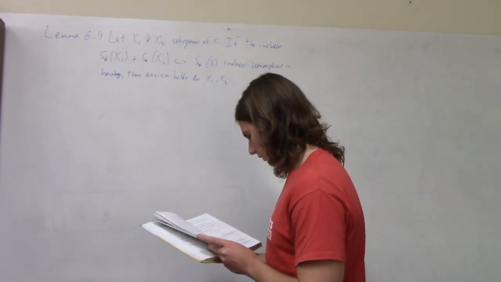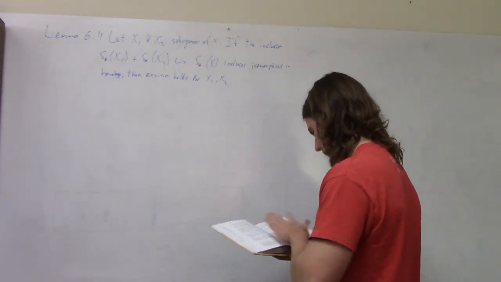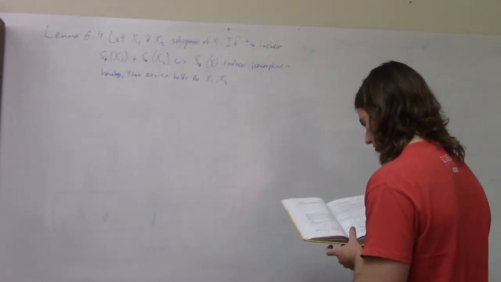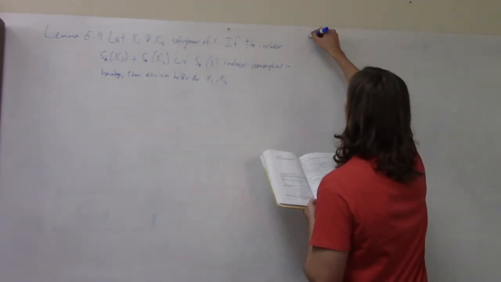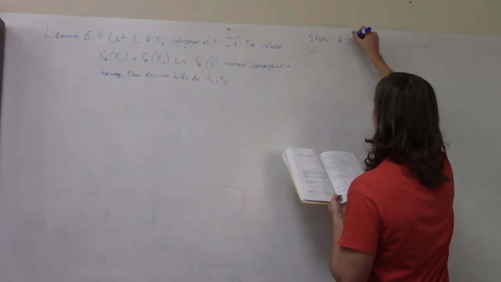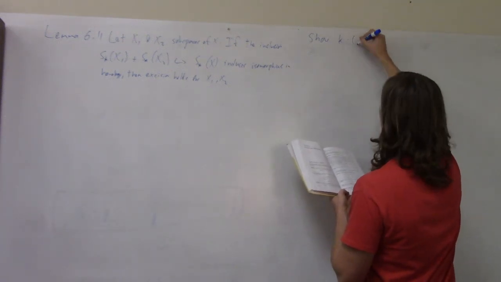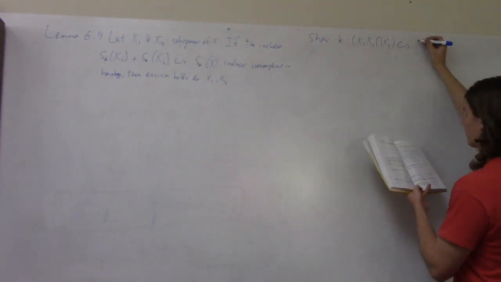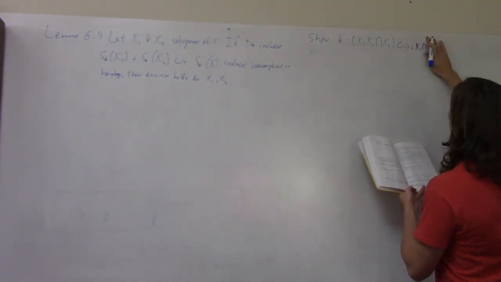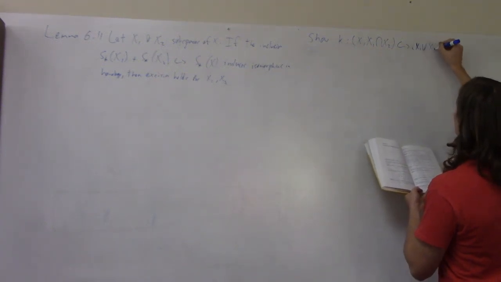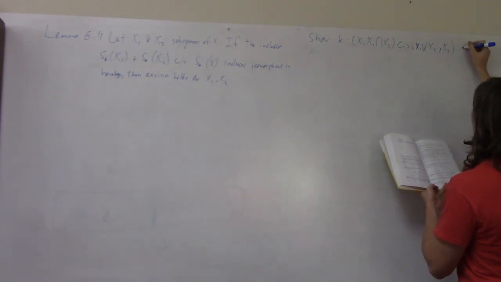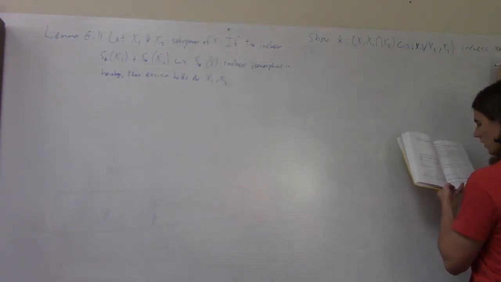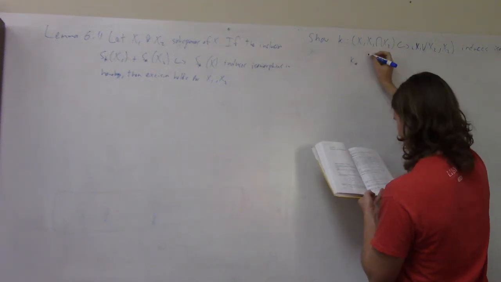So I guess what we're trying to show is that the inclusion, I think it's going to be called k, from (x1, x1 intersect x2) into (x1 union x2, x2) induces an isomorphism, or isomorphisms. So that's kind of what we're working towards.